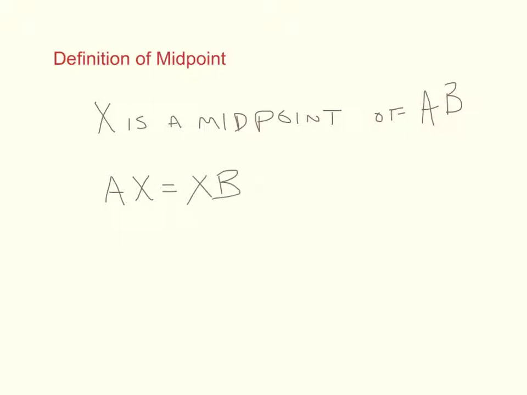Now here's the thing about this. The definitions can work conversely, and if you remember from the last section, conversely means back and forth. So if we are trying to prove that it's a midpoint, if we found out that AX equals XB, we can say it's a midpoint, or if we know it's a midpoint, we can say AX equals XB. We can work both ways.